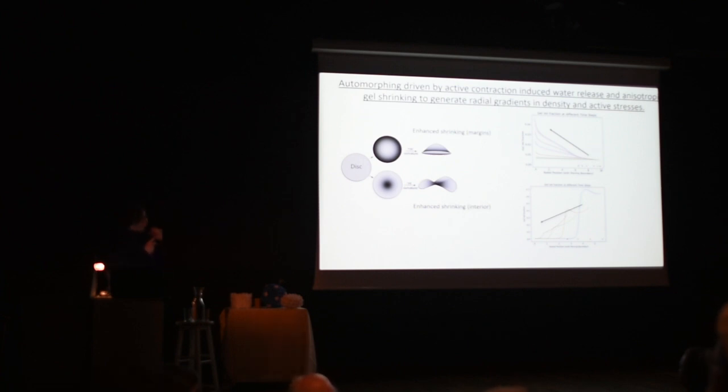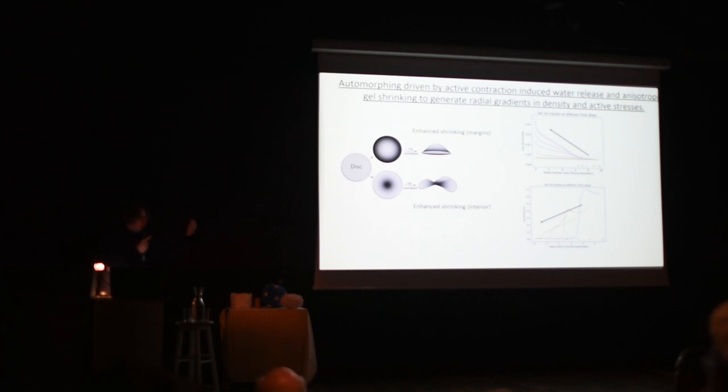So what we found out is that in a relatively thin disk, water is released very fast from the top and bottom, rather than from the radial direction. But when it starts to get out from the radial direction, it is released much faster from the periphery. So the periphery gets very thick or very dense.